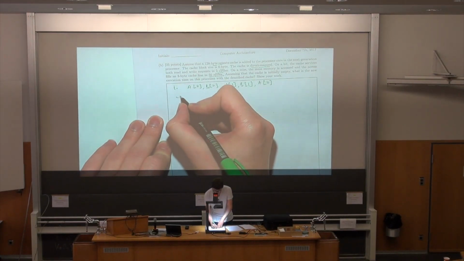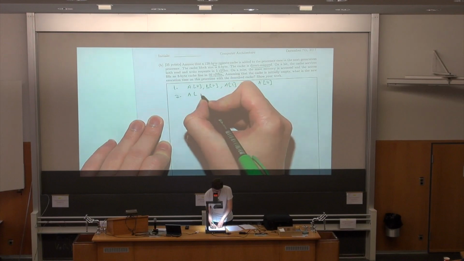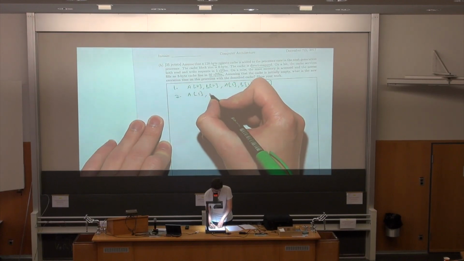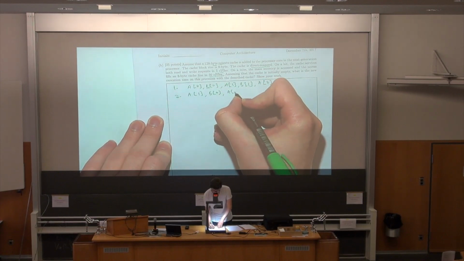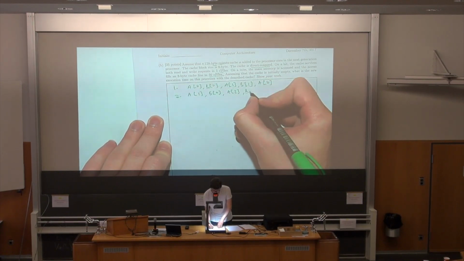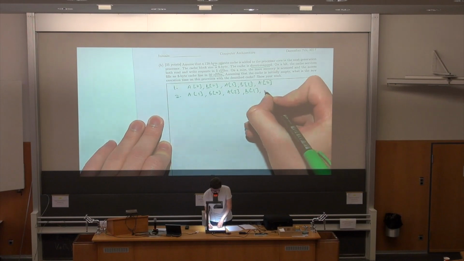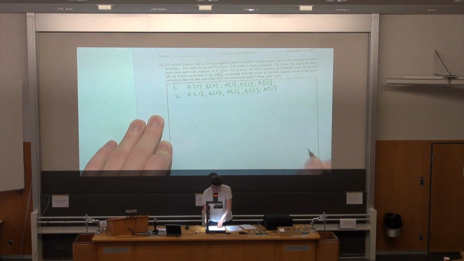In the next iteration, we increment the indices of A. So it's A1. We keep the B the same, A2, and B1, and A1. So this is what happens.